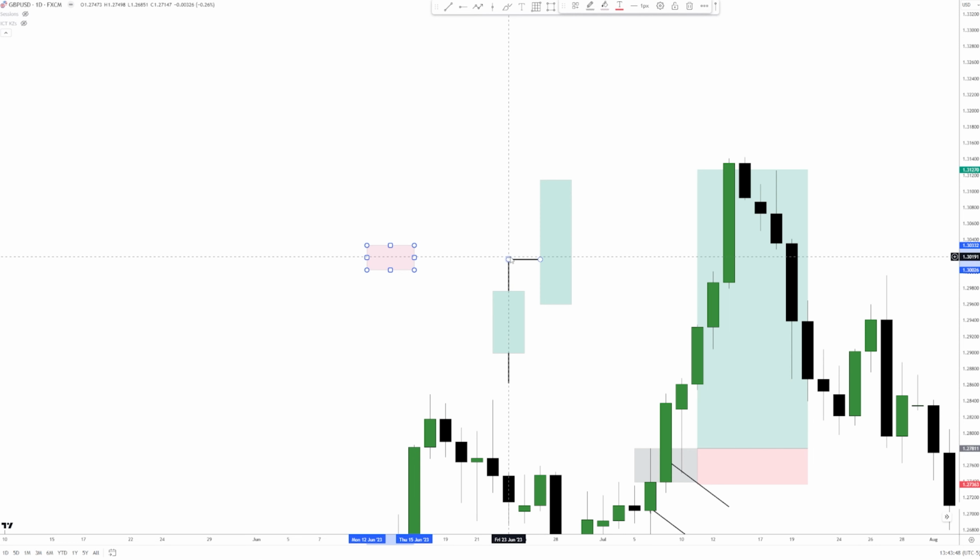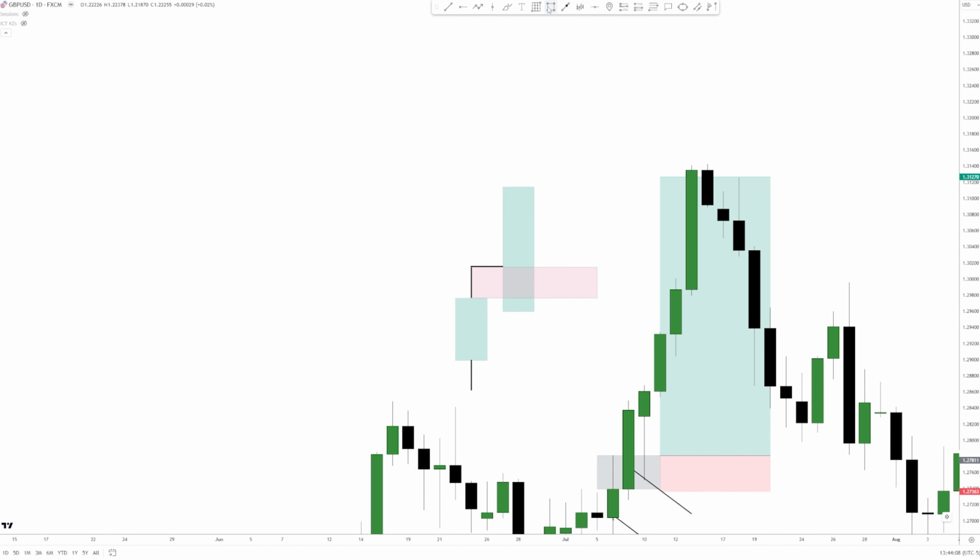When you see a wick on the previous candlestick, you can go ahead and highlight this wick as it is right here. You can extend this wick towards the right, and on a lower time frame this is going to be a part of an order block, and then you can be expecting to see a retracement back to this area and an instant reaction.